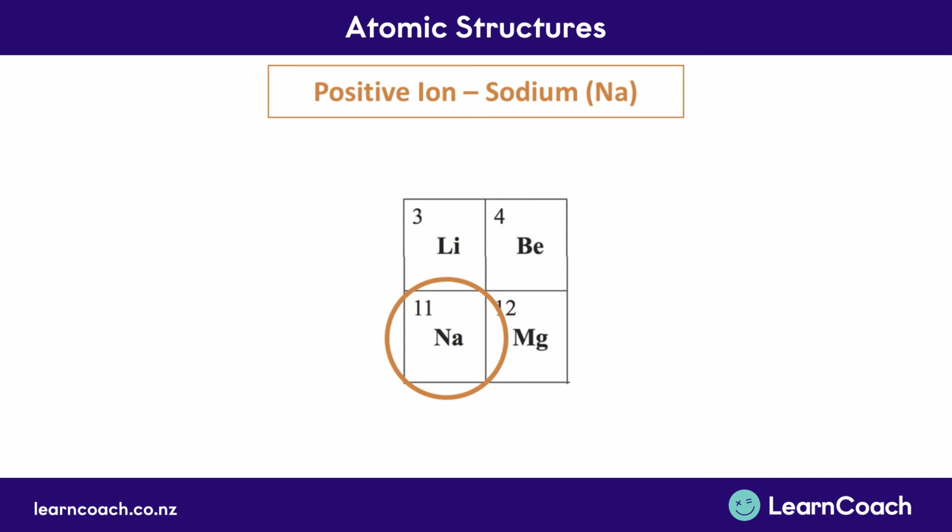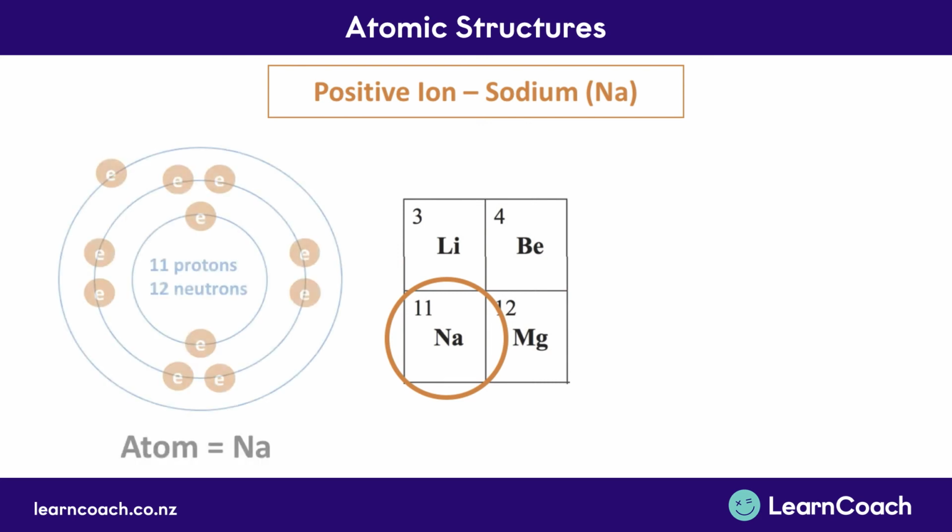So as we saw before, sodium has an atomic number of 11, which means that it has 11 protons and 11 electrons. And when we draw the atom itself, it looks like this. And we're going to learn how to draw atoms in the next video, so don't worry about that for now. So as you can see, in that first ring of electrons, there are 2, in that second ring, there are 8, and in that third ring, there is only 1.